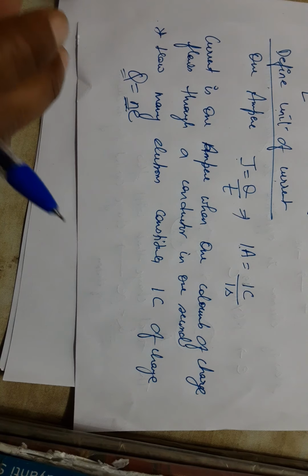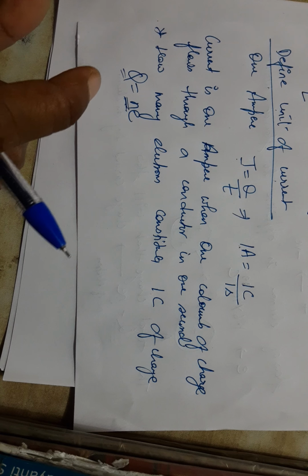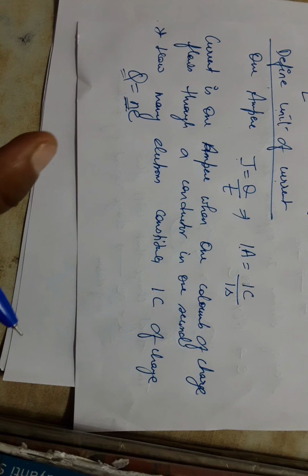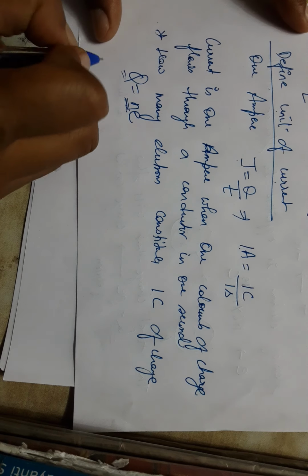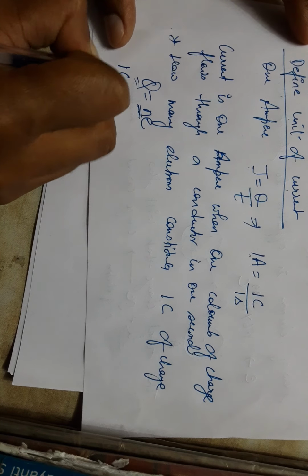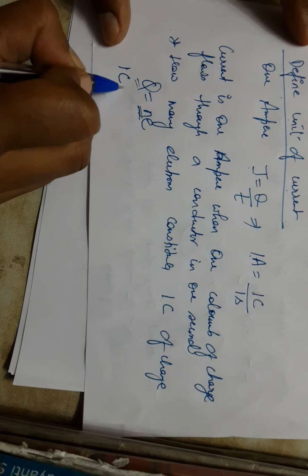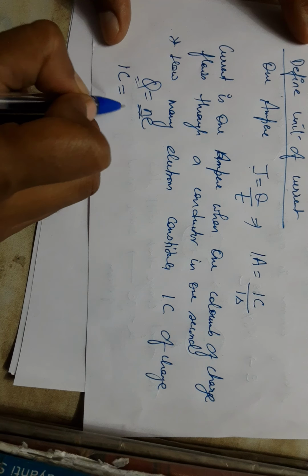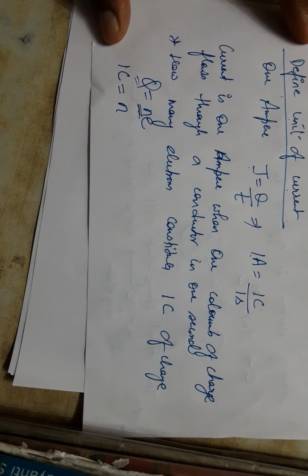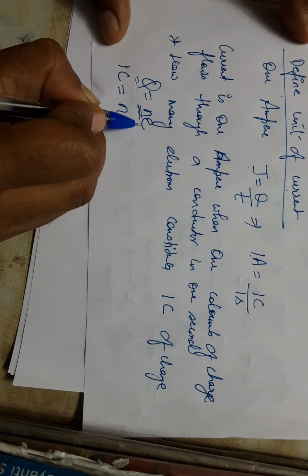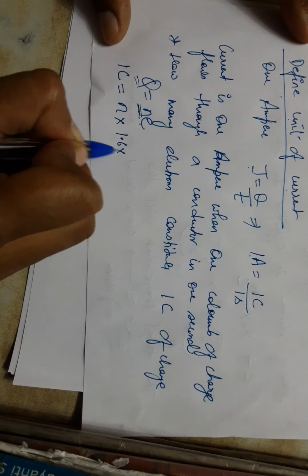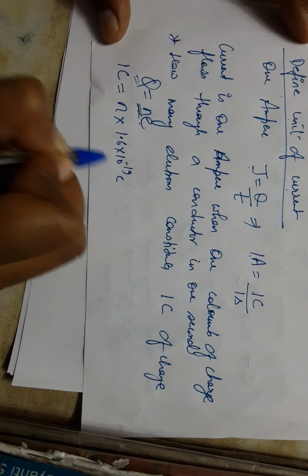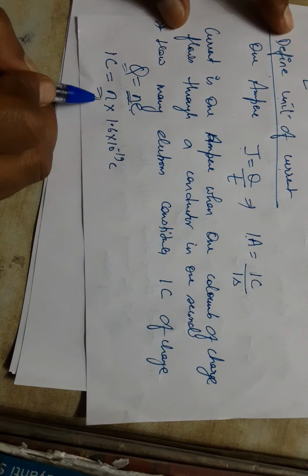Here we have to tell how many electrons are there in 1 coulomb of charge. Very simple. Here the charge is 1 coulomb, and we have to find N, the number of electrons. We know the charge on an electron is 1.6 into 10 to the power minus 19 coulomb.